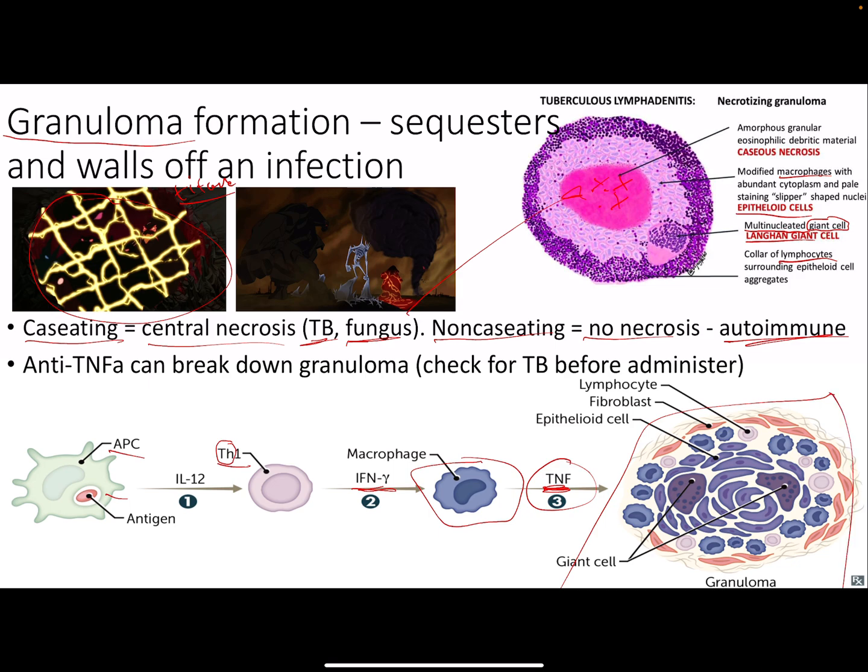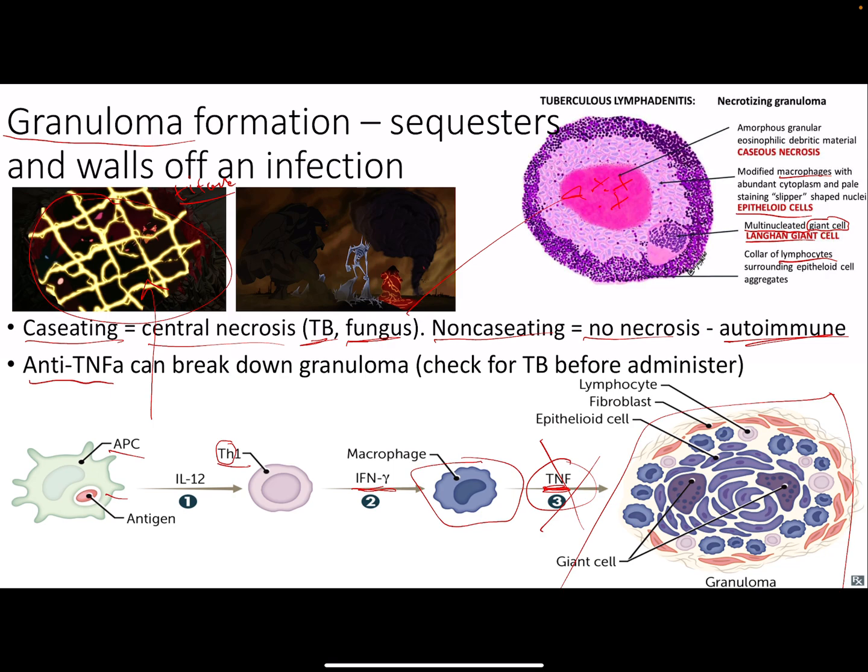Why is this significant? Because it's really, really high yield to know that a lot of medications for autoimmune diseases are anti-TNF alpha or TNF alpha inhibitors. Well, if we're stopping the TNF, we might free a granuloma, right? So we have these imprisoned people, and if you're on something like Humira or a TNF inhibitor, it'll free up these pathogens.